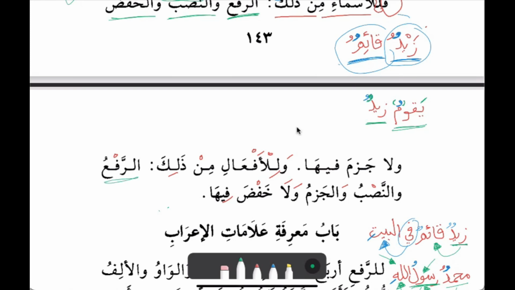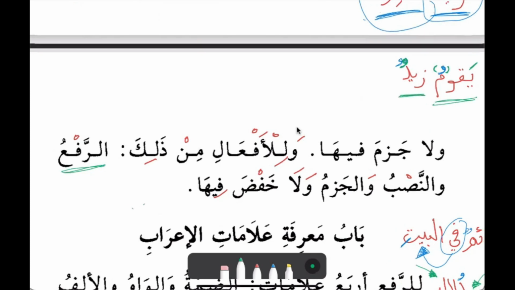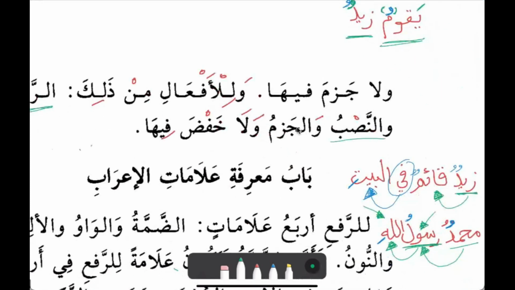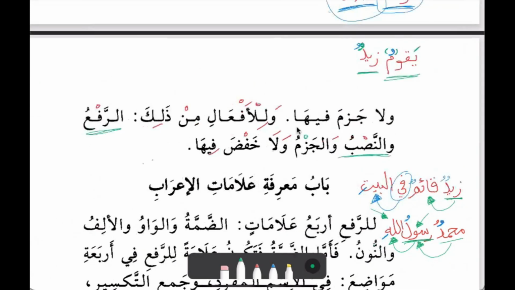It's possible that a verb would be in a state of rafa or nasb. But would you really say nominative and accusative? Wal jazm, and the verbs also have jazm. Wala khafda fiha, and the genitive case does not apply to verbs. All right.